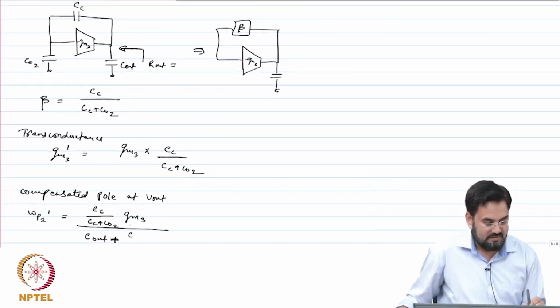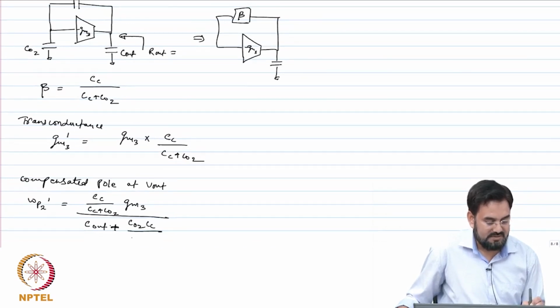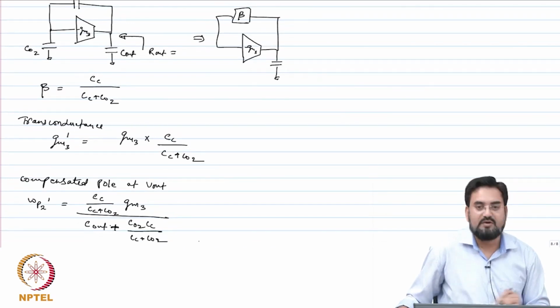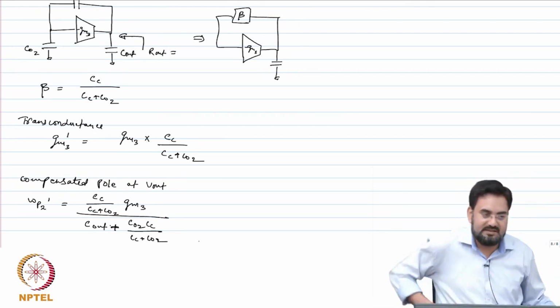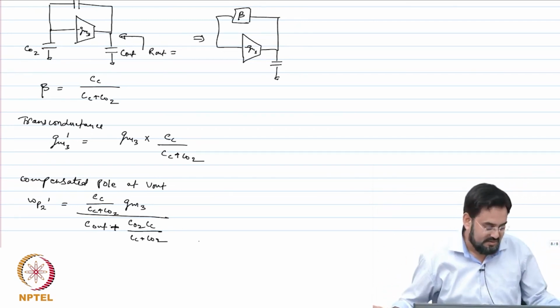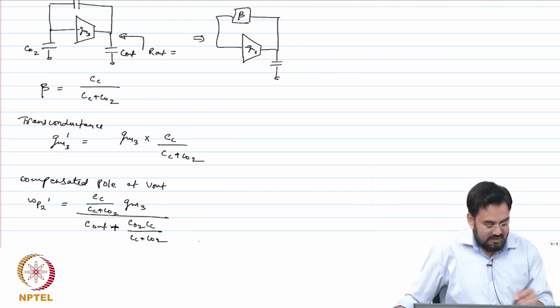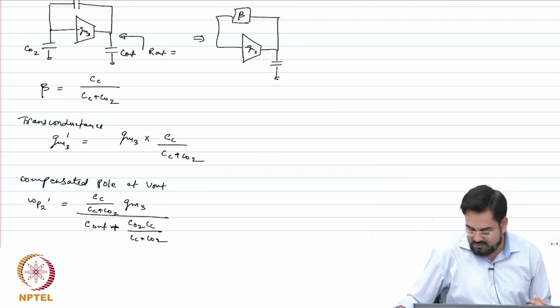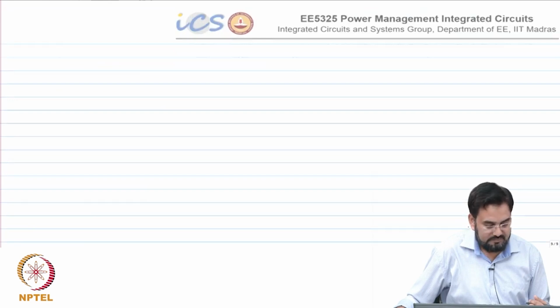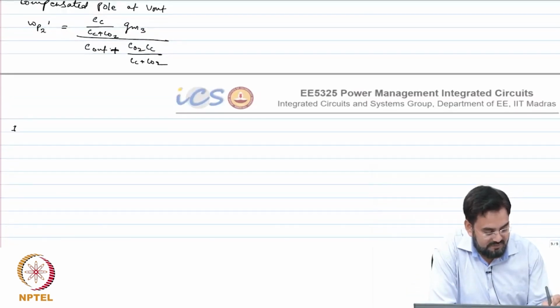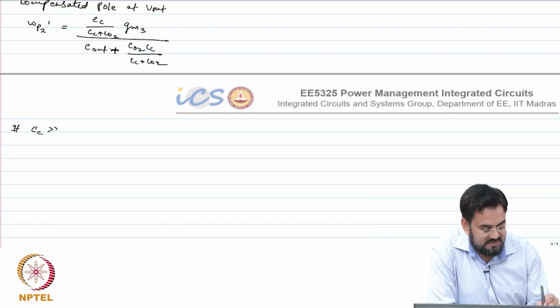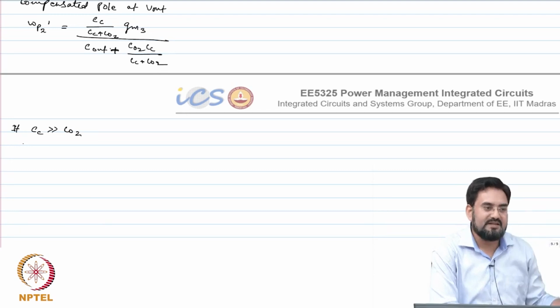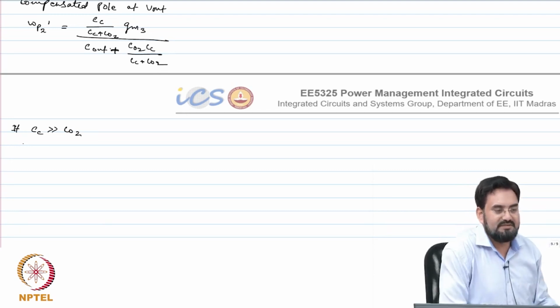CO2 Cc by CO2 plus Cc, just like a parallel resistor you write a series cap. Now, if Cc is much larger than CO2, then what will happen to the beta factor? That will become 1.